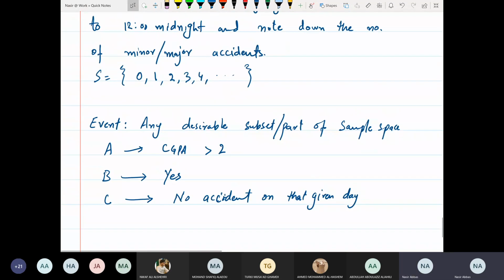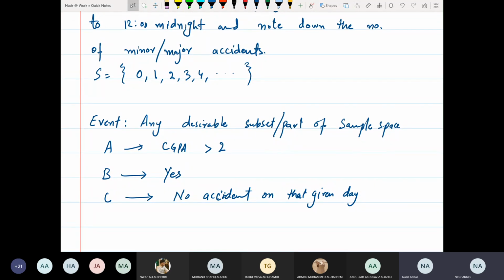Finally, we defined event. And we defined event as any desirable part of the sample space, a subset of the sample space where we are interested. So this is going to be the question. Whenever you see the question, the required probability will be for a specific event. So when I say desirable, that means this will be the interest of the question.